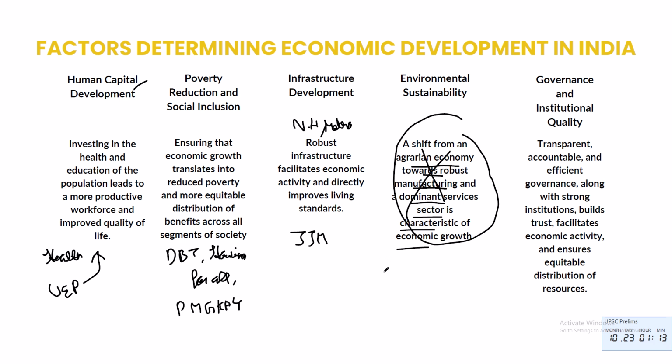So, we will take into integrating environmental protection and sustainable practices into development strategies to bring in long-term well-being, like renewable energies, bringing in new projects of renewable energy, water conservation projects.